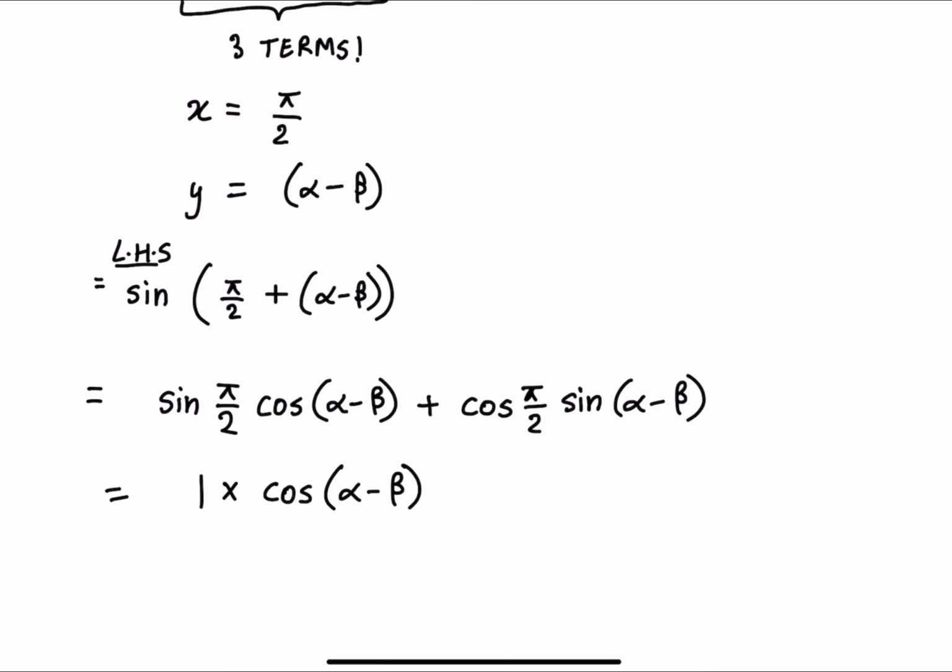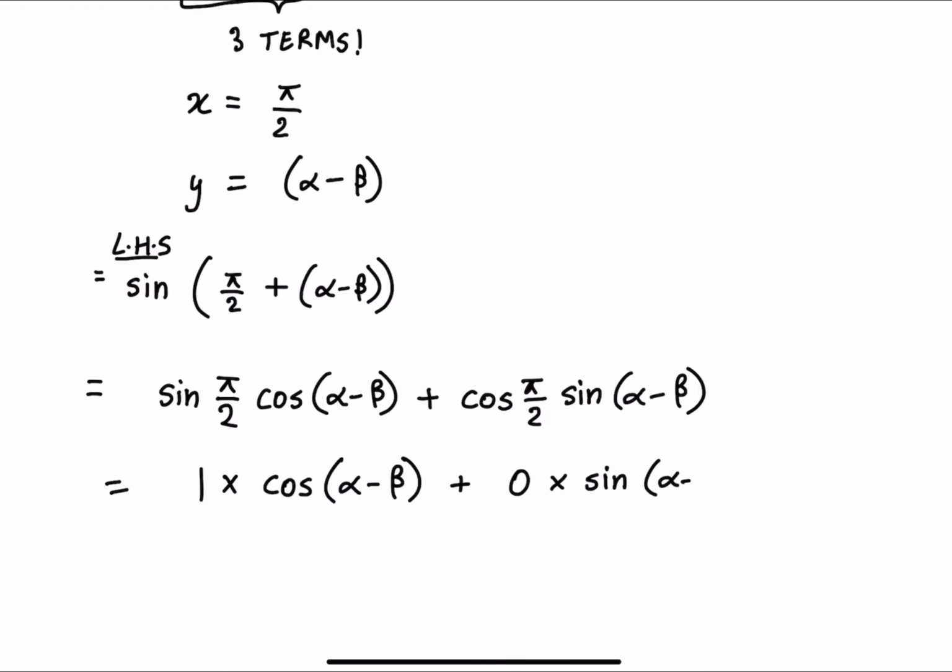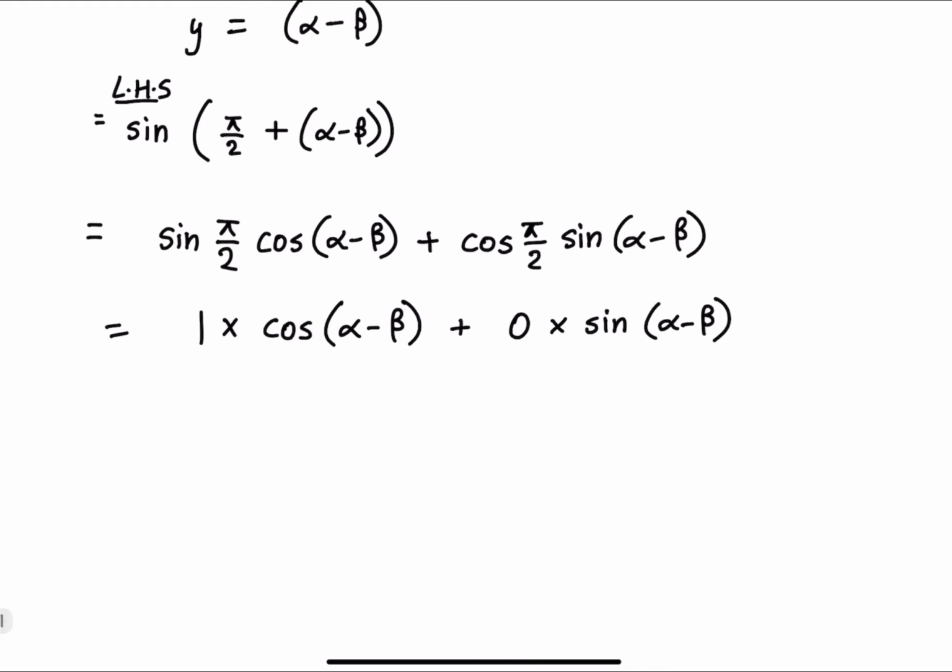Now, we know the value of cos pi by 2, and that is cos 90, which is the same thing as 0. So this is 0 times sine of alpha minus beta. So then we have cos of alpha minus beta left. And 0 times sine of alpha minus beta, whatever it is, is always 0. So this would be cos of alpha minus beta plus 0. And the plus 0 doesn't really mean anything, so we can go ahead and simplify this.